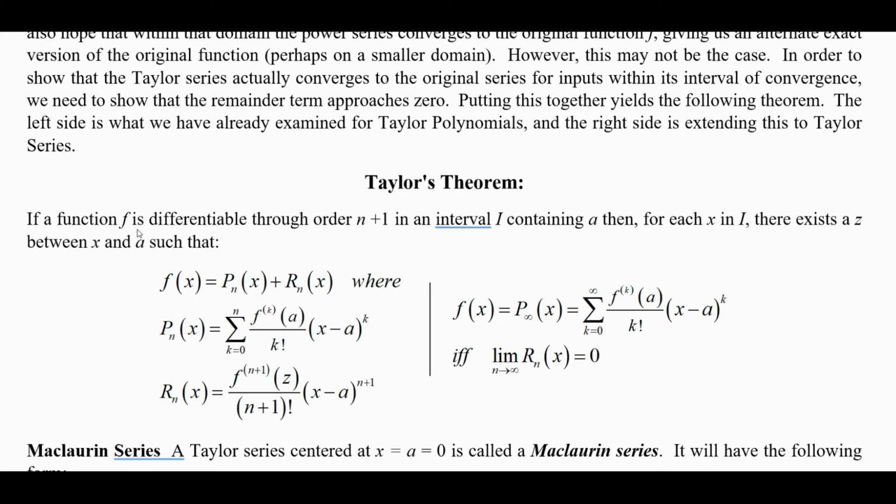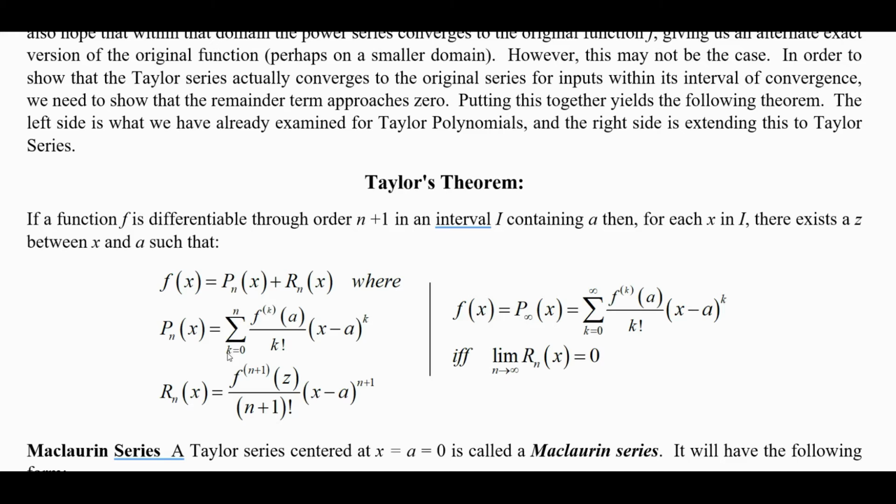We have a function f that's differentiable through order n plus 1 in an interval I containing a. Then for each x in I, there exists a z between x and a such that f of x is p sub n of x plus r sub n of x. What's p sub n?